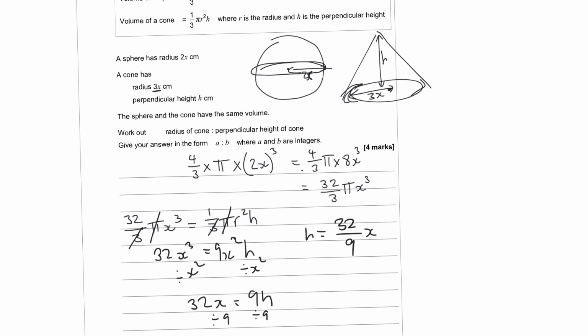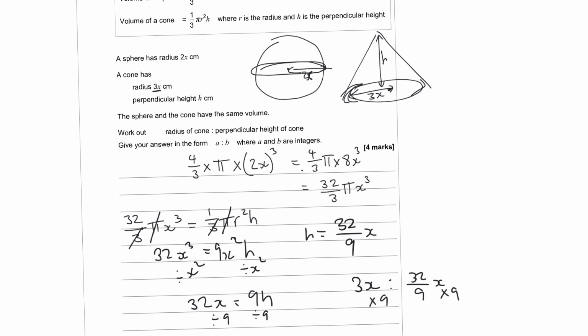It wants me to write in a ratio against the radius of the cone. So the radius of cone is 3x. The perpendicular height, which is 32 over 9x. So then we could simplify this essentially by multiplying both sides by 9.